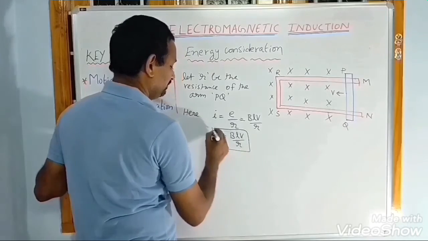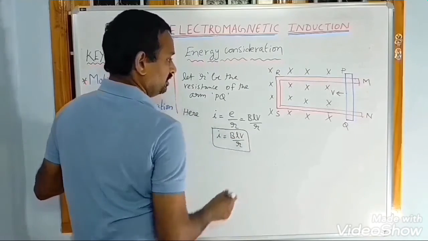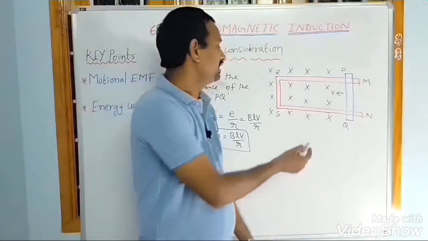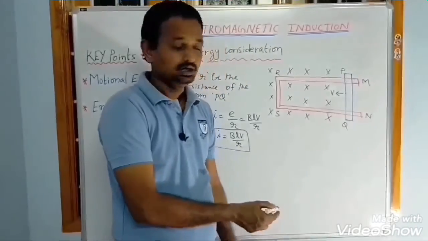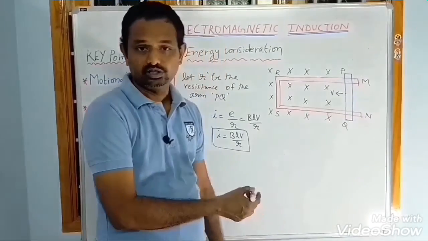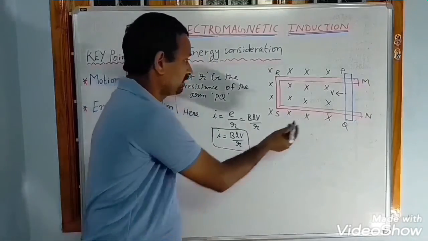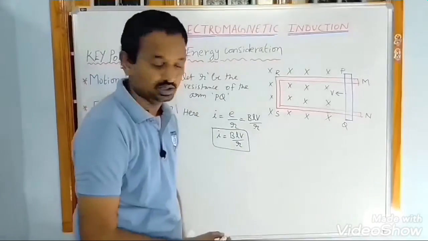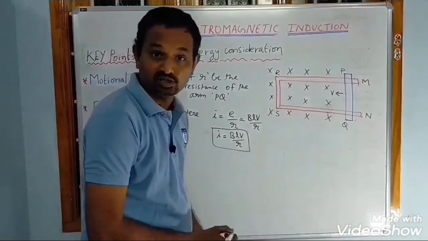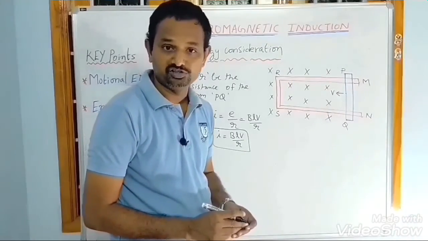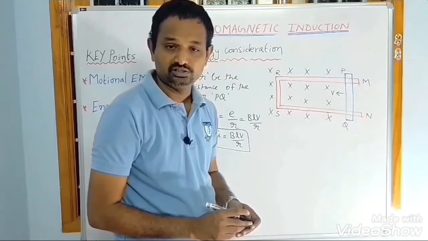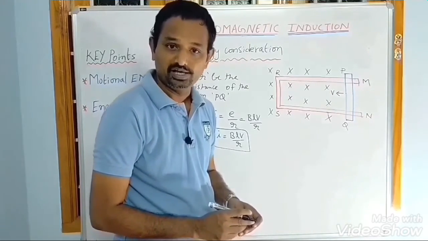When we move the arm in the magnetic field, a current is induced in arm PQ. The force on a current carrying conductor placed in a magnetic field is F equal to BIL.